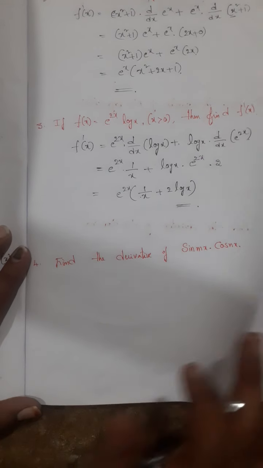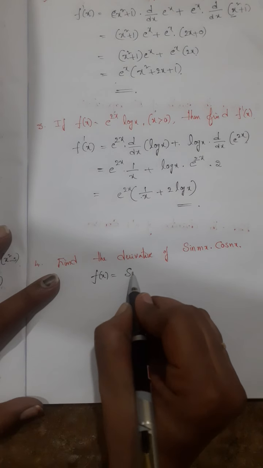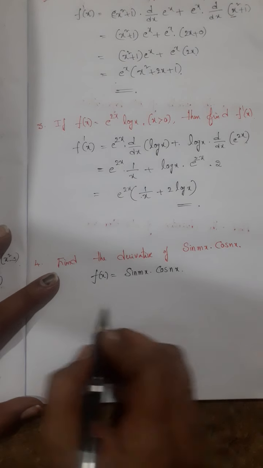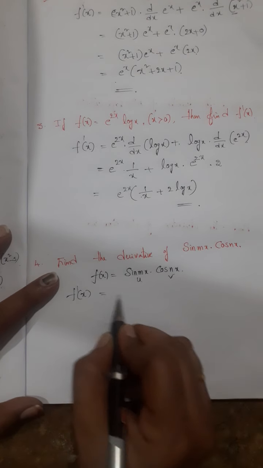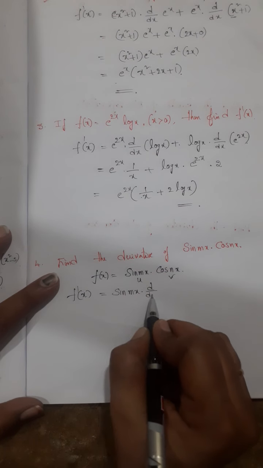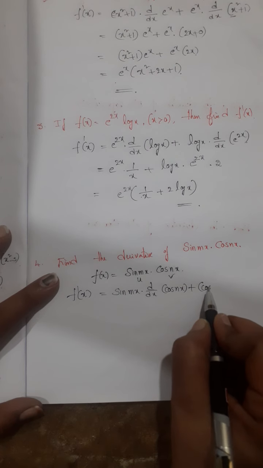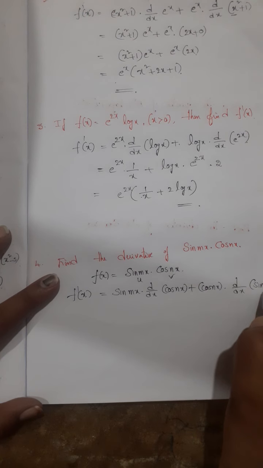Observe the next question. So f of x is sin mx cos nx. Again uv rule. This is my u and v. F dash of x is equals to u into differentiation of v plus v into differentiation of u.